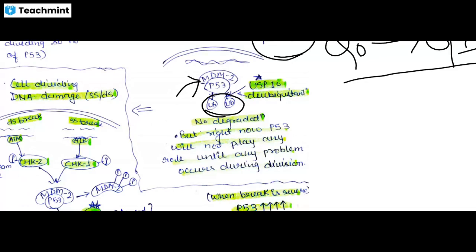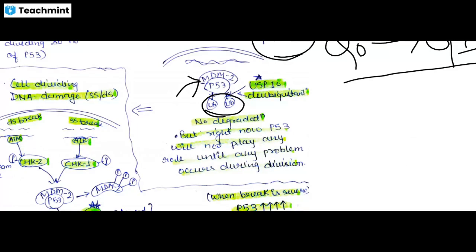P53 is on standby here. In the first case, we studied that P53 is degraded because there is no cell division, so there is no use of P53 at all. But here, because cells are dividing, there may be a possibility that damage can occur. So we have to keep P53 on standby.